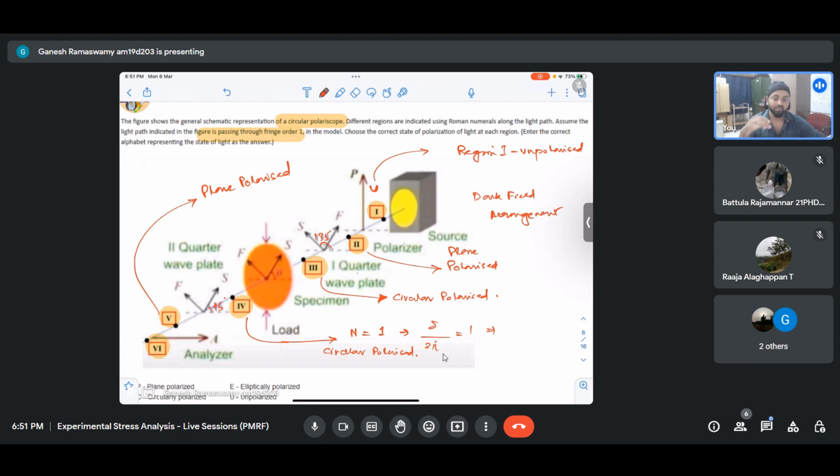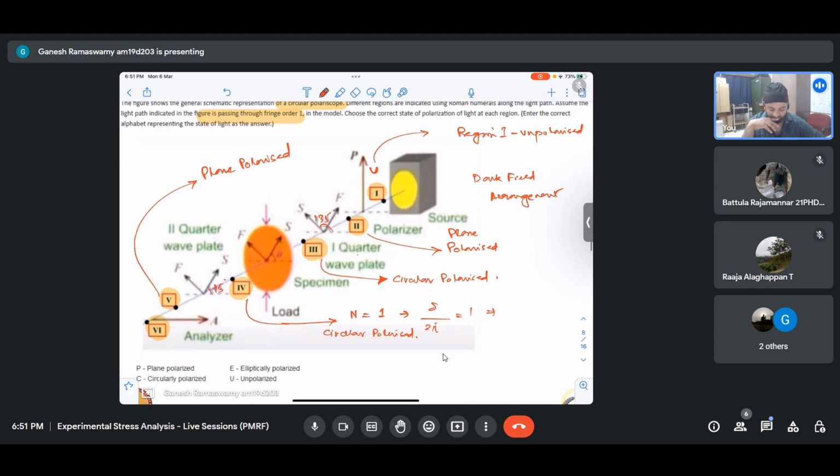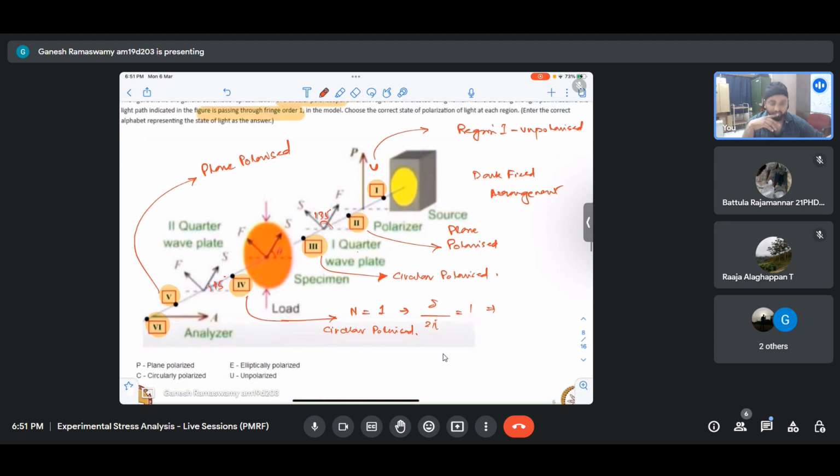Now, our model is behaving like a full wave plate over there, in which case it is not essentially changing anything in the light but for introducing a retardation. So the light that we see after this will be plane polarized.